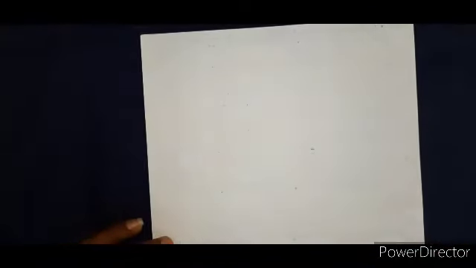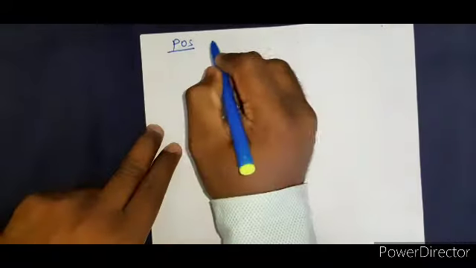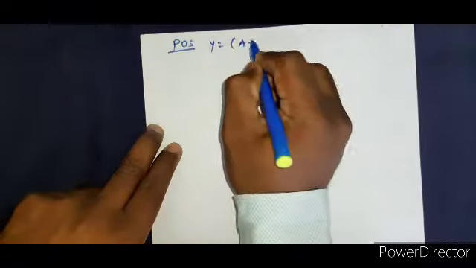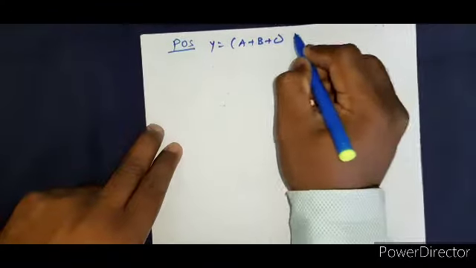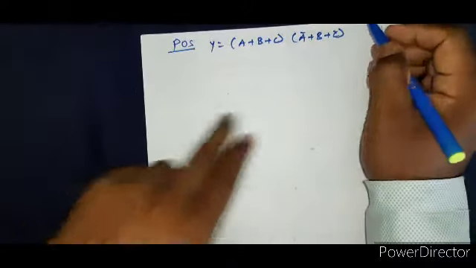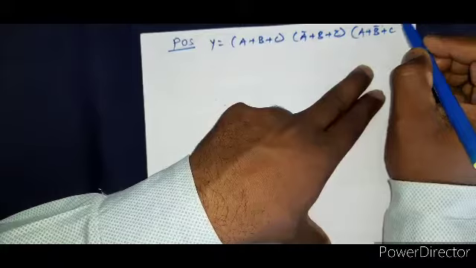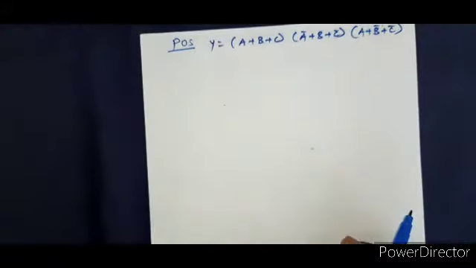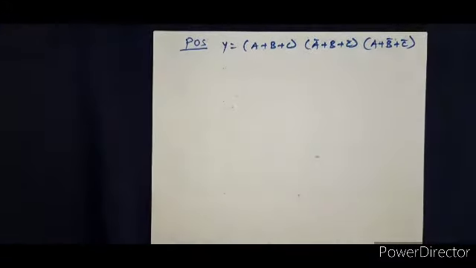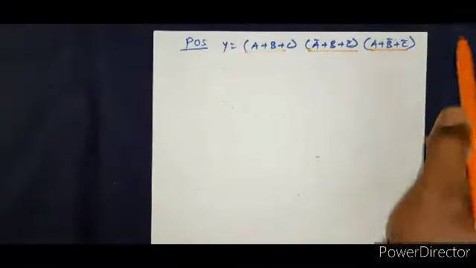We can even consider POS. Considering POS, let y equal to (a plus b plus c), (a bar plus b plus c bar), and (a plus b bar plus c bar). Again, how many terms do we have here? 1, 2, 3.